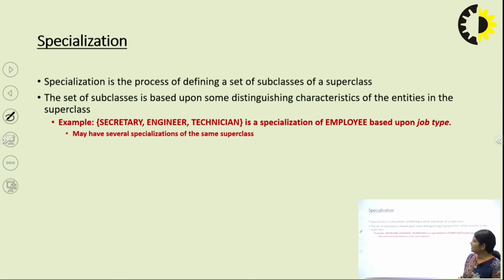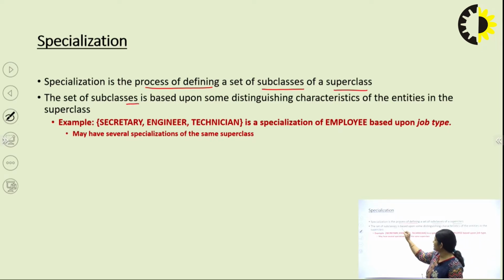Let's see the formal definition of specialization, which is a very important concept to understand. Specialization is a process of defining a set of subclasses of a superclass. The set of subclasses is based upon some distinguishing characteristic.